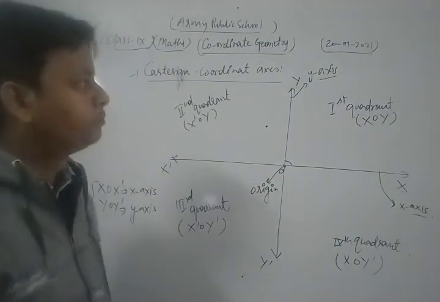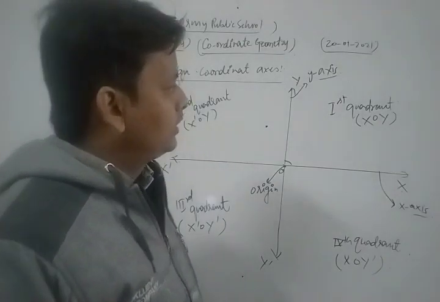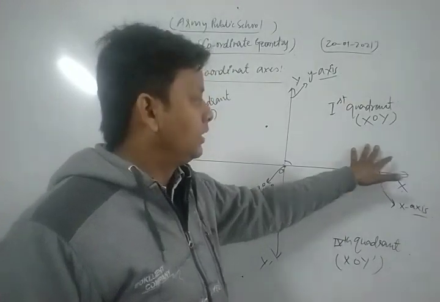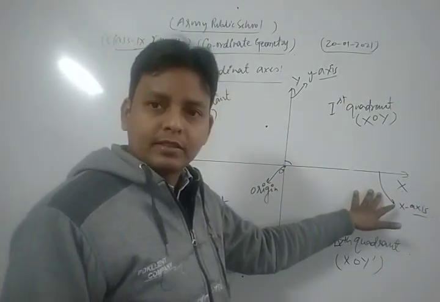Now, dear friends, in the first quadrant, this is the positive direction of the x-axis. This is the negative direction of the x-axis.